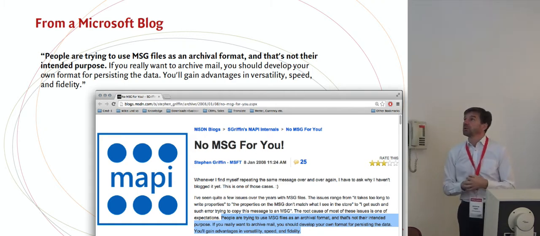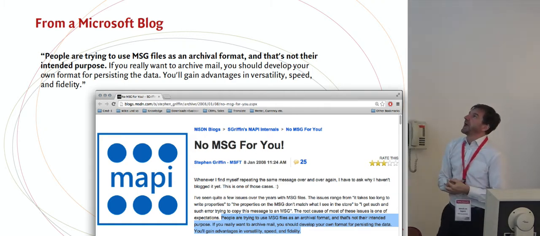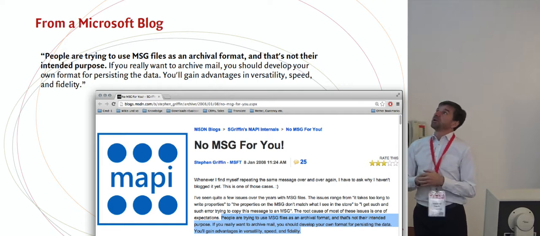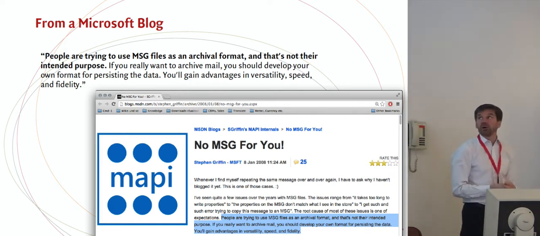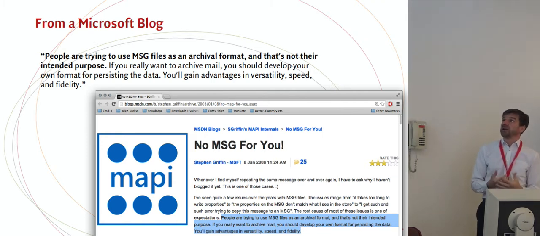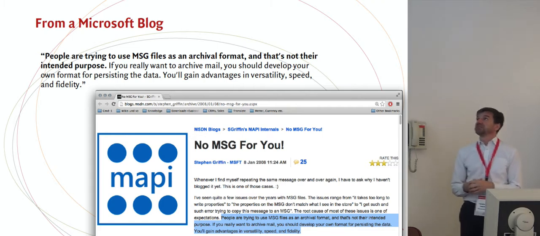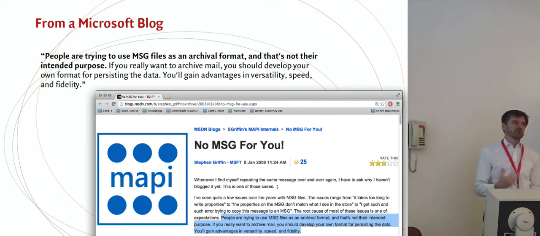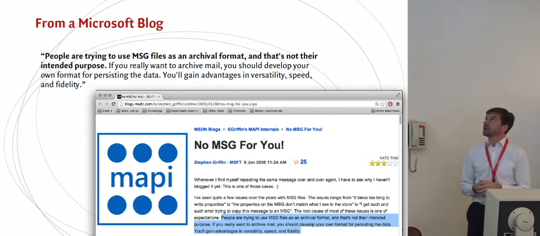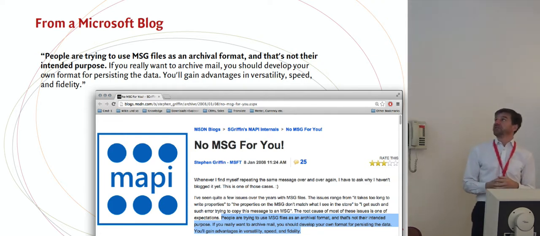It's from 2008, and he says people sometimes try to use the MSG format as an archival format, but that is not its intended purpose. So it's not intended to be used as an archival format. And if you want to archive email, he says, you should develop your own format for persisting the data. Then you will get advantages in versatility, speed, and fidelity.